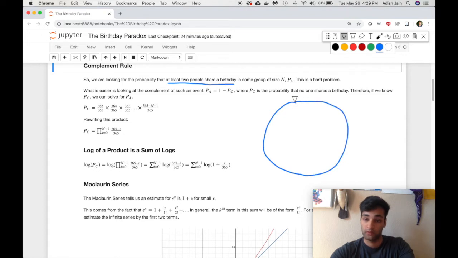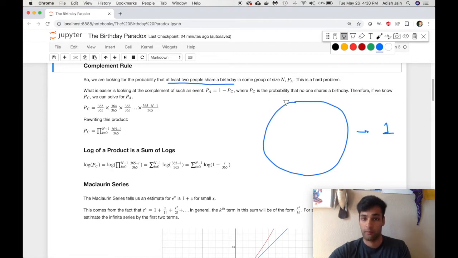Recall, a probability space is basically all the possible events that can occur and their associated probabilities. And we know for sure that the sum of all of those individual probabilities of the events in the probability space is going to be 1, right?